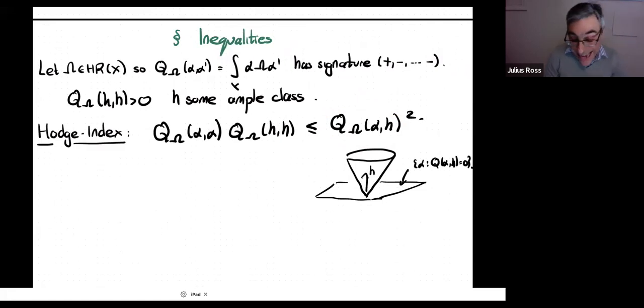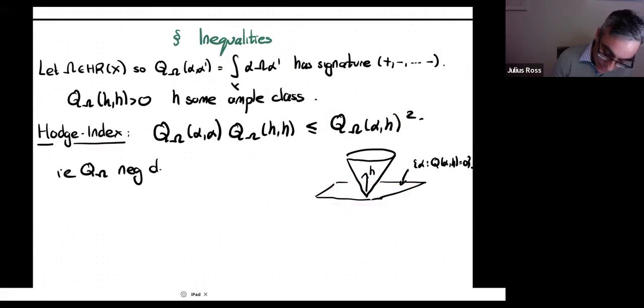Then Q is negative definite on this space. So that's a standard picture of what the Hodge index theorem looks like. I.e. Q omega is negative definite on the set of alpha where Q of alpha H is 0.